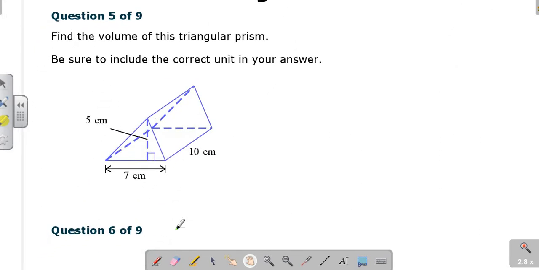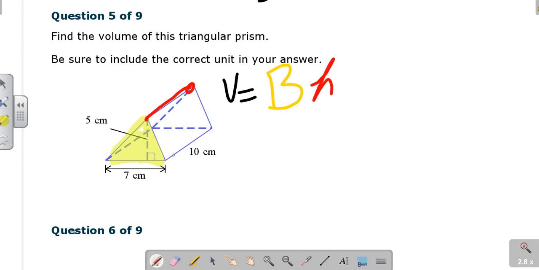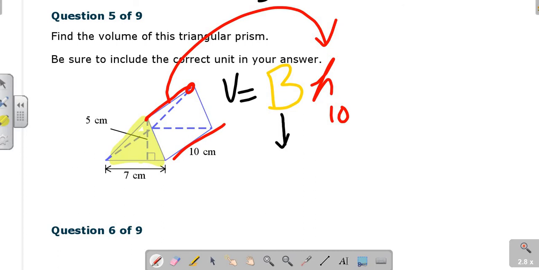Find the volume of the triangular prism. Again, this is base times height. There's my base. Volume equals base, and my height, distance between the bases, which in this case is 10. My base is going to be a triangle, so it is lowercase base times height over 2, and that's going to be 7 times 5 over 2.